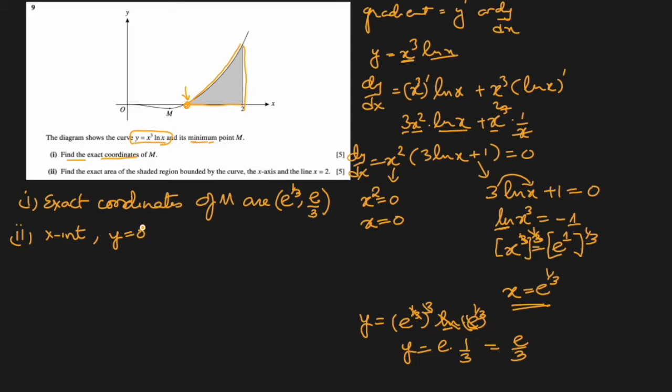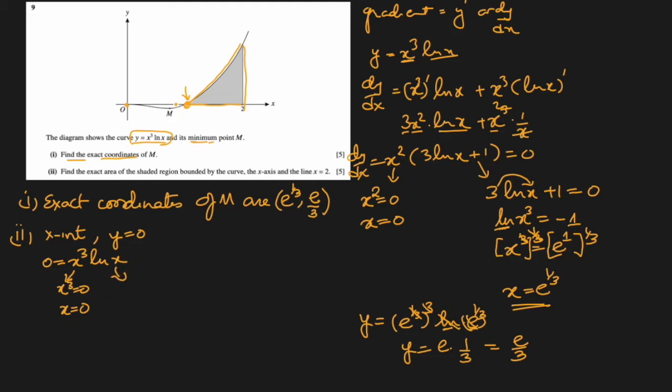y has to be 0 on the x-intercept, so we'll write 0 equal to x cubed ln x. So it again gives us x cubed equal to 0, which is x equal to 0, and we can see that this x-intercept is 0, so it is of no use.